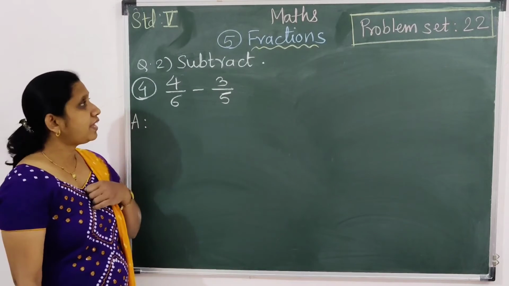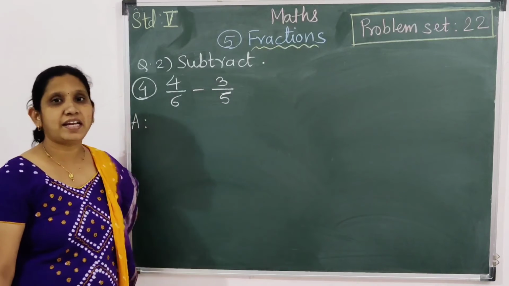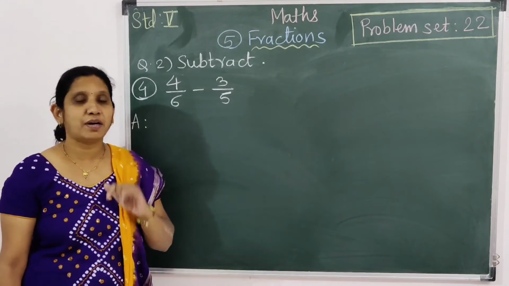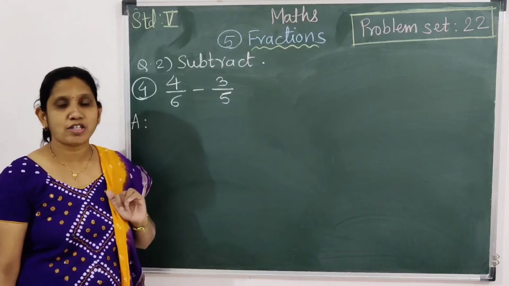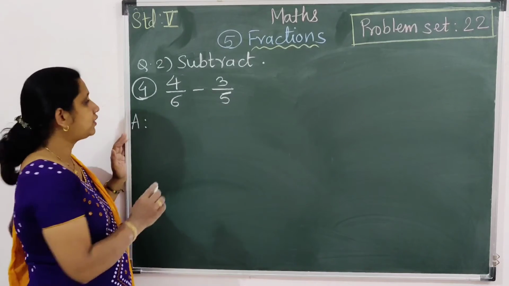See student, the fourth example is a little bit different. 4 upon 6 minus 3 upon 5. Look at the denominators, none of the numbers is a multiple of the other. Then how did we do it in addition? By cross multiplication. The same thing we have to do here for subtraction also.